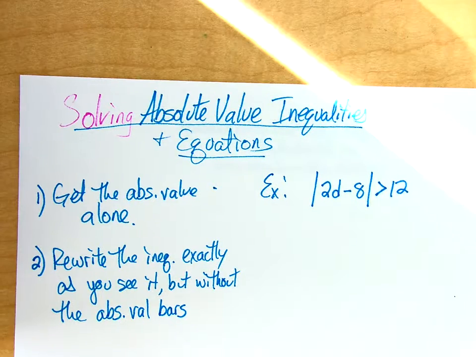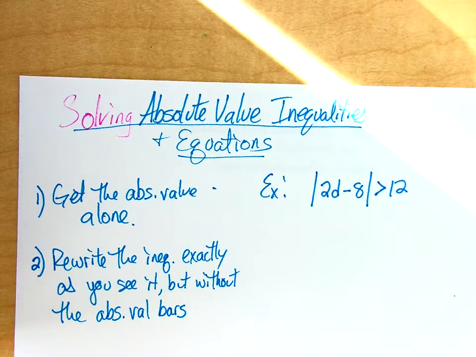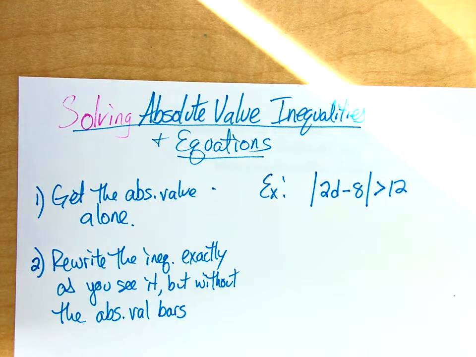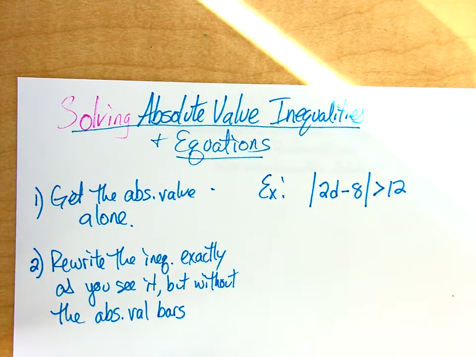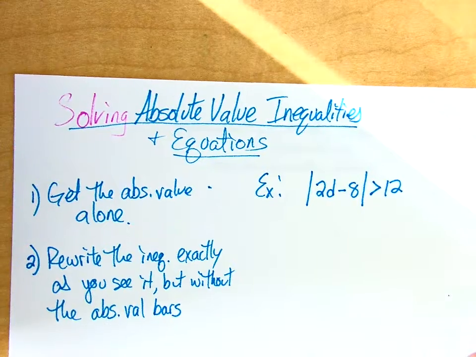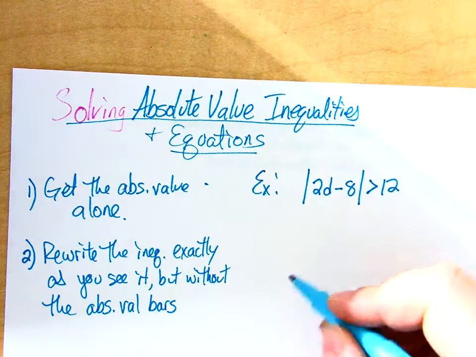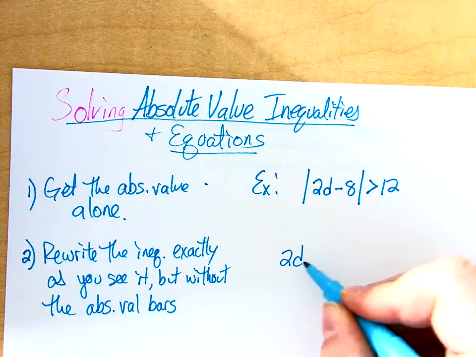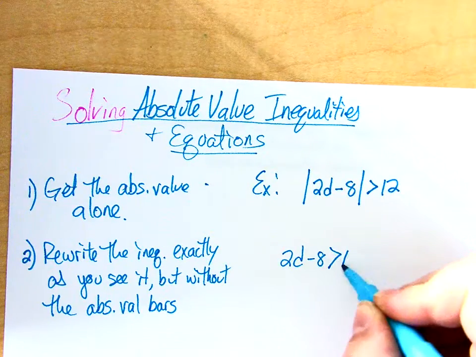I'm going to explain why this is at the end of this, okay? Because I want you to understand why we're doing what we're doing. But for now, let's just get the steps down so we have them all in one spot, and then we'll talk about why. Okay? So, step 2 requires me to write my inequality just like I see it, but I'm just not going to write the absolute value bars.